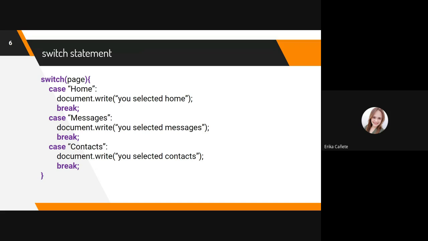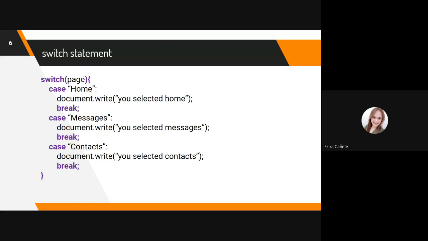We have here switch, and then we use the variable page. A while ago, what I mentioned were home, about, news, login, and links, but in this example we only use the tabs home, messages, and contacts.